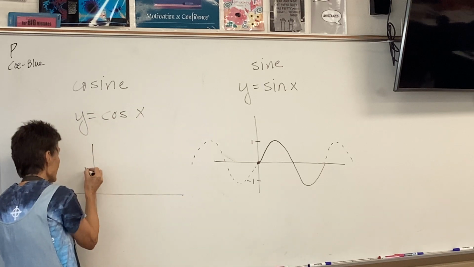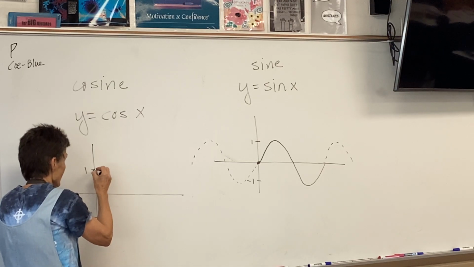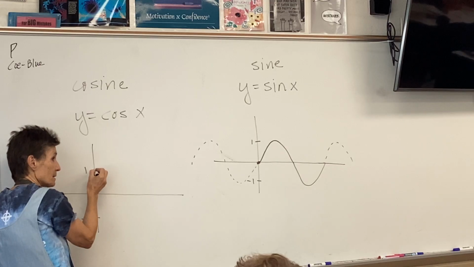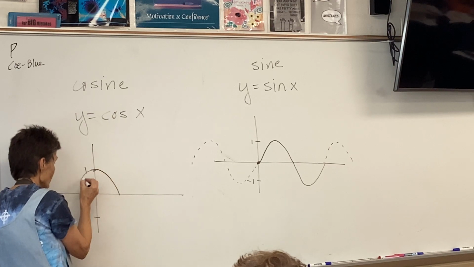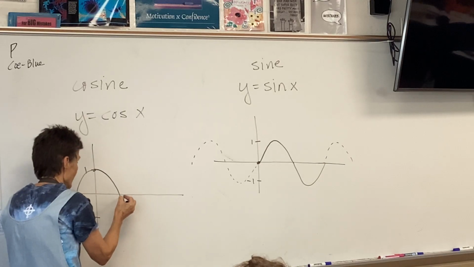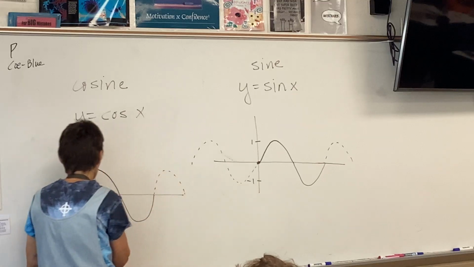We do the same thing, up 1 and down 1. Start up here, look where my pen is. Start down. There's your hill. And then you have a valley. And you have another hill.